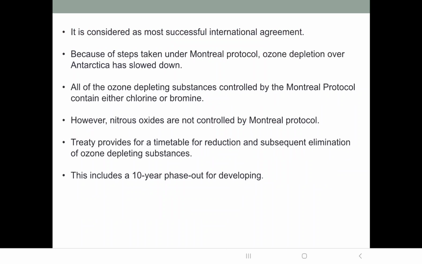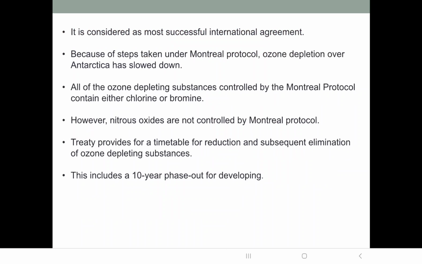Now when technology advances, you develop substitutes, another chemical which is less harmful to the ozone layer. In that case, they try to phase out the old chemicals which were harmful. So the deadline comes early: if a substance was to be phased out within 5 years, now it can be phased out within 3 years because we have an alternative for that.